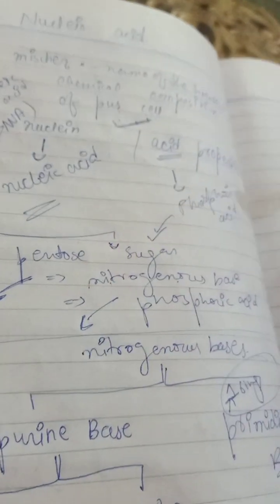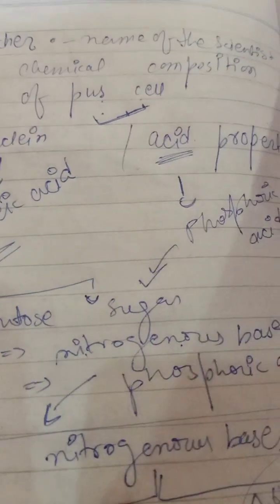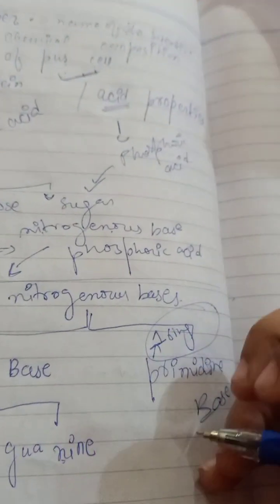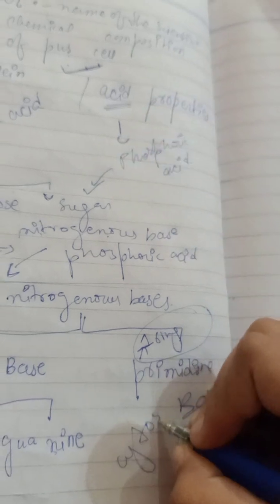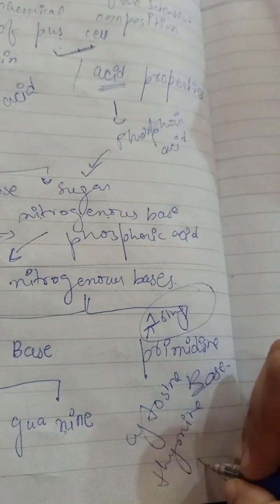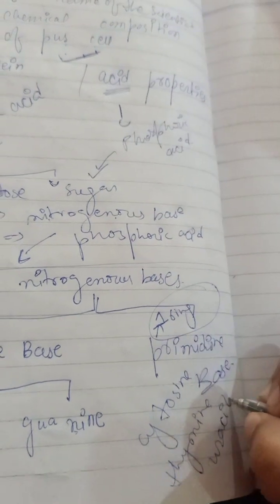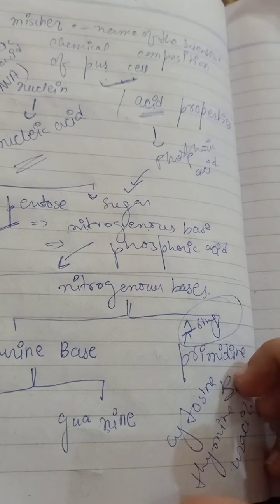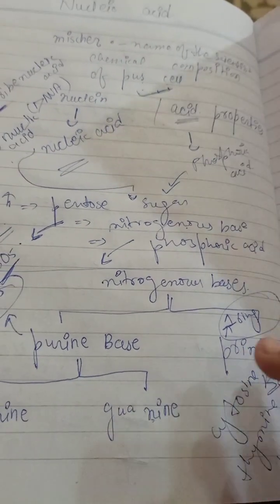Pyrimidine basically consists of 3 bases: cytosine, thymine, and uracil. Now let's talk about the structure of these bases.